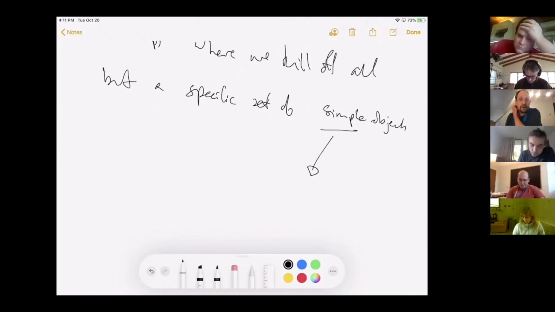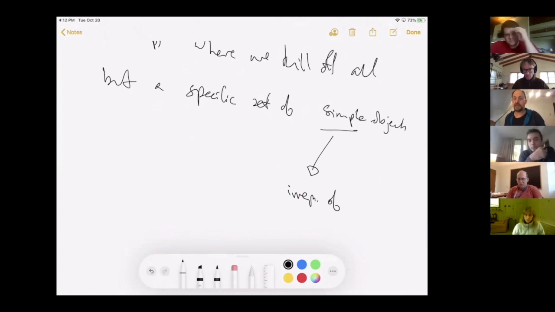Because we're looking at modules over O over p, the simple objects will be the irreps of GL_N(O_K), but in characteristic p.